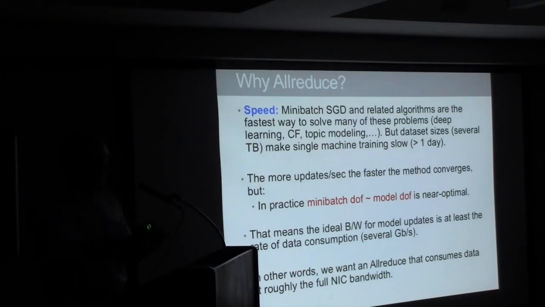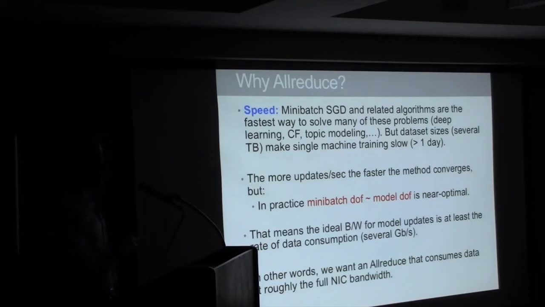The intuition is that when it's smaller than the model and you apply the degrees of freedom of the update to the model, you get more or less non-interacting effects. As long as the number of degrees of freedom is small, they're injecting into the model space and not interfering with each other. If the mini batch is much bigger than the model degrees of freedom, then if you serialize the updates, many of them are changing the same parameters, and so they're not intuitively equivalent.